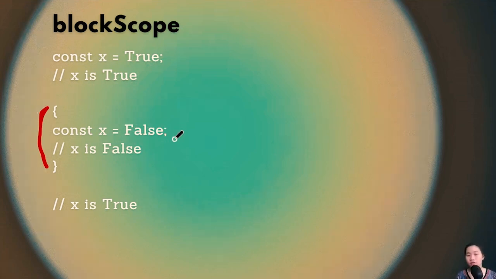Whatever happens to x, it will not contaminate, so to speak, or mess with the x before and the x after. After the block scope, x is going to retain its value. It's not going to be affected by whatever happens between these two curly brackets.